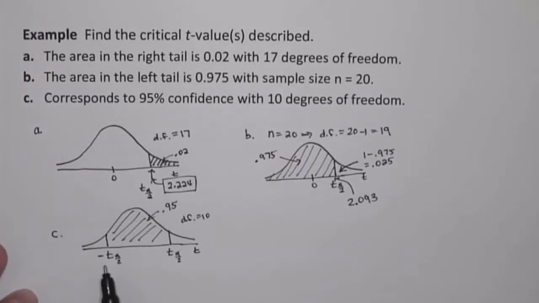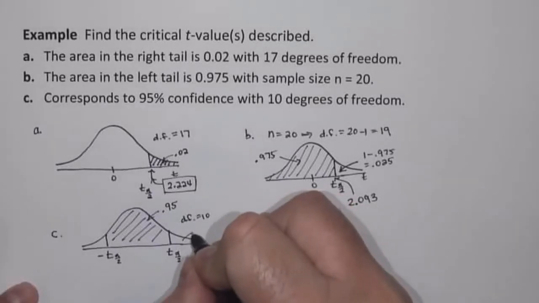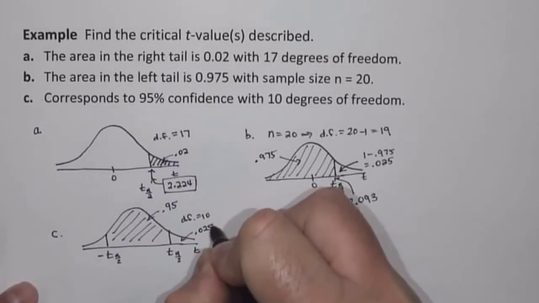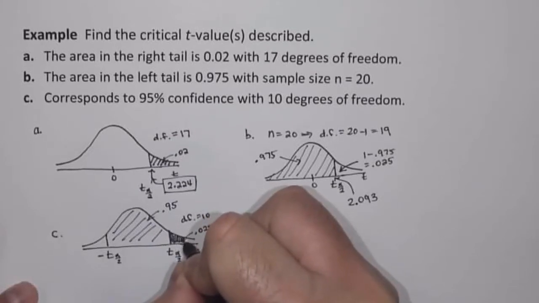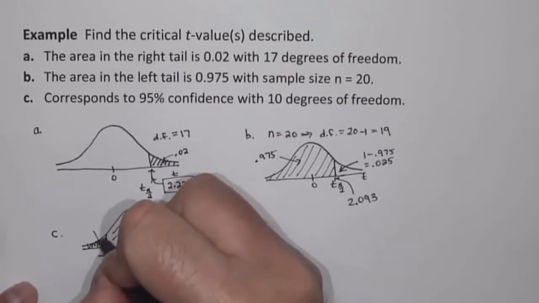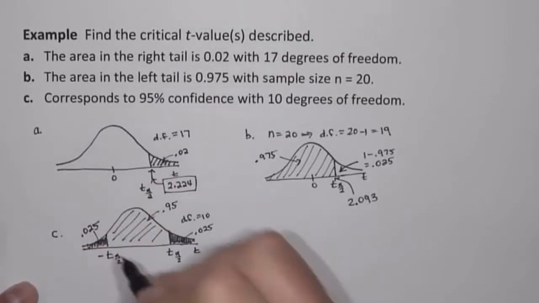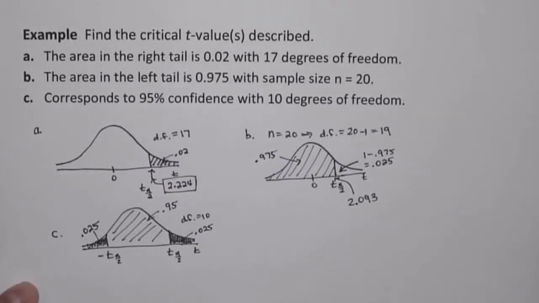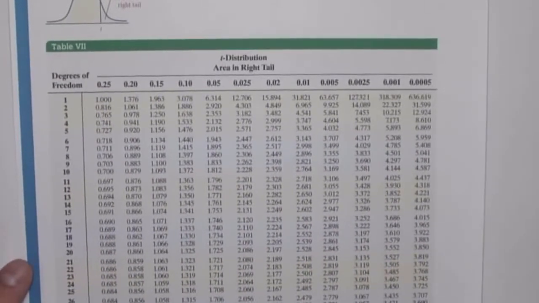Looking at part C in the same way, I've got to have the area in the right tail. So if it's 0.95 in the middle, then the other 0.05 is shared between the two tails. Half of that 0.05 is going to be in either tail. Half of 0.05 is 0.025. So this area in this tail right here is 0.025, as is this area here. So once again, if I bring in my table, I'm going to use the 0.025 column.